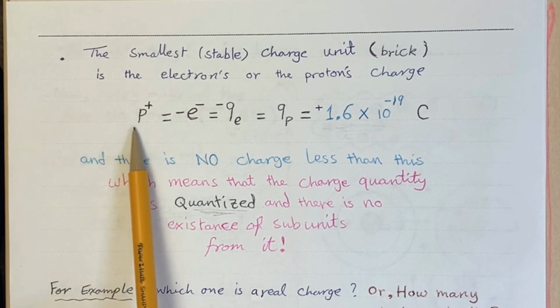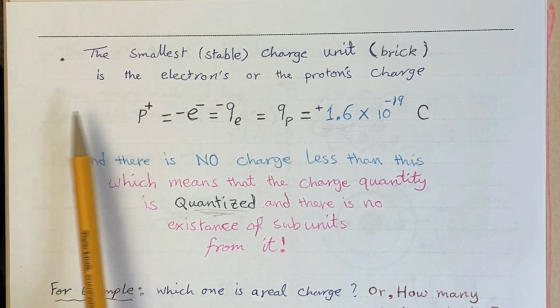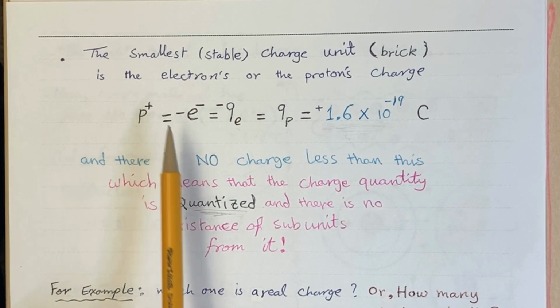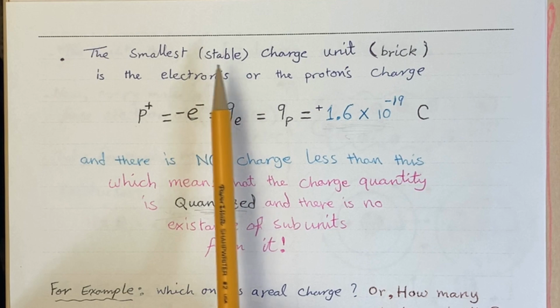Actually, it is very stable. It is composed of other pieces, and some of these pieces have a charge of a third of this charge or 2/3, but these quantities, which are the quarks, are not stable alone.